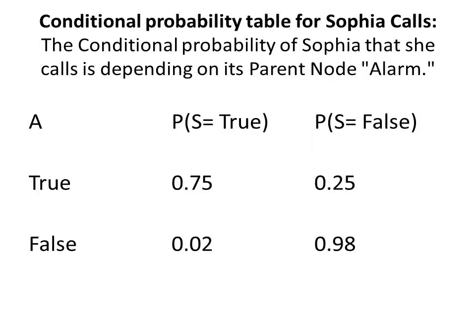When alarm is true, the probability of Sophia calling is true will be 0.75, and the probability of Sophia not calling will be 0.25. When alarm is false, the probability of Sophia calling will be 0.02, and the probability of Sophia equal to false is 0.98.